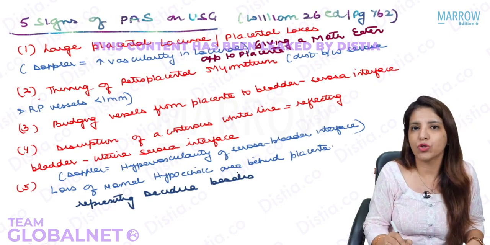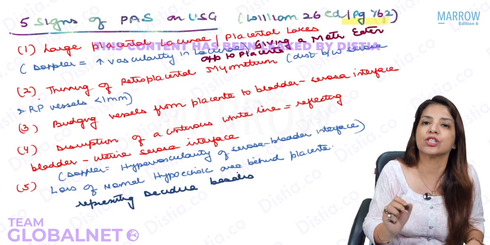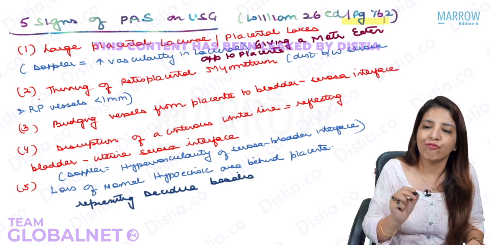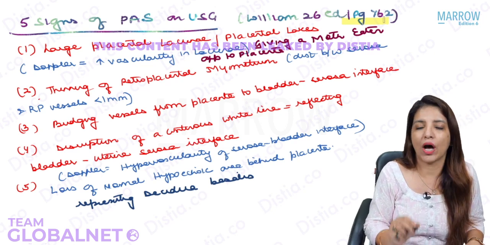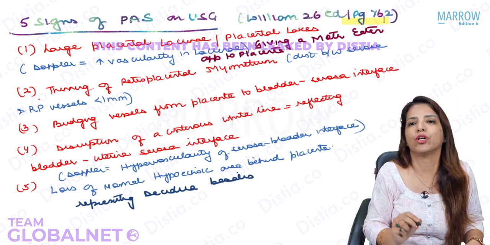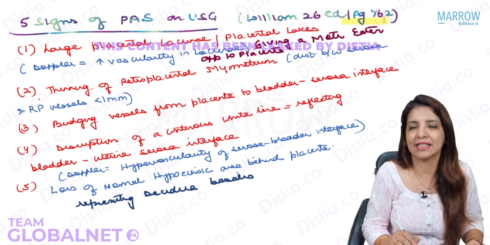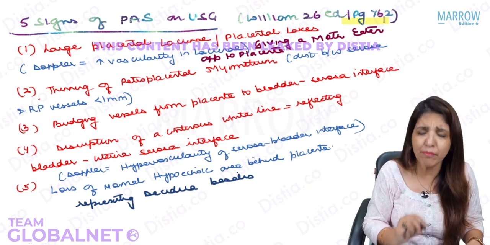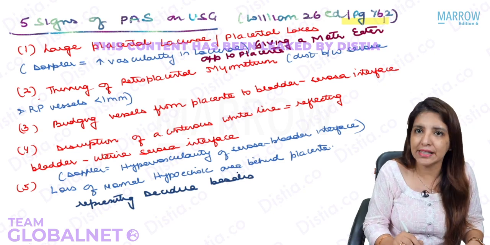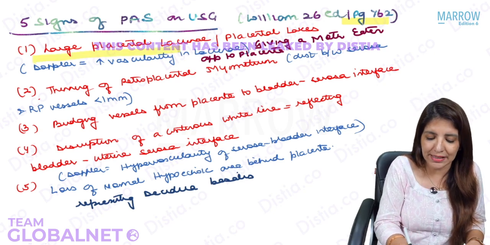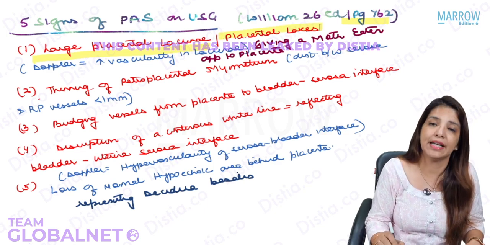Now, Williams Obstetrics 26th edition, page 762 says that there are 5 characteristic ultrasound findings which should tell you that you are dealing with a case of placenta accreta spectrum. Number one is, if in the placenta you are getting large placental lacunae or placental lakes, right?